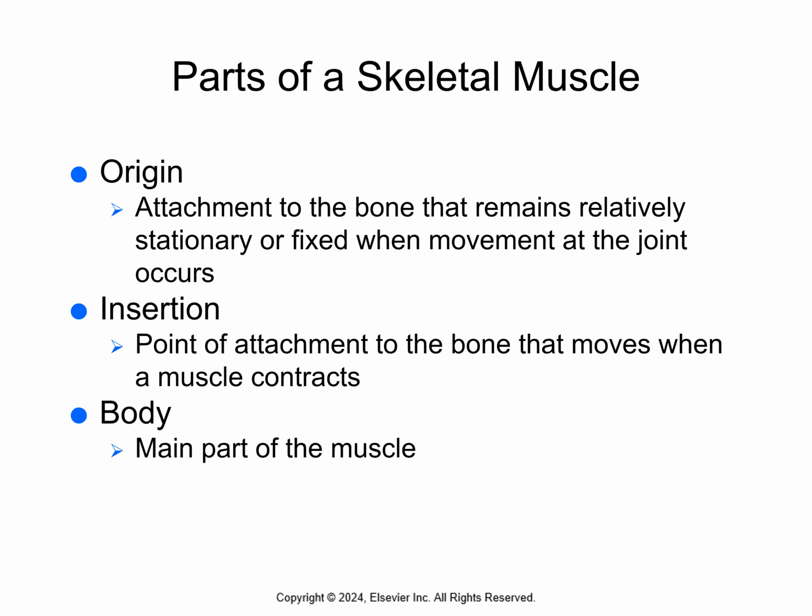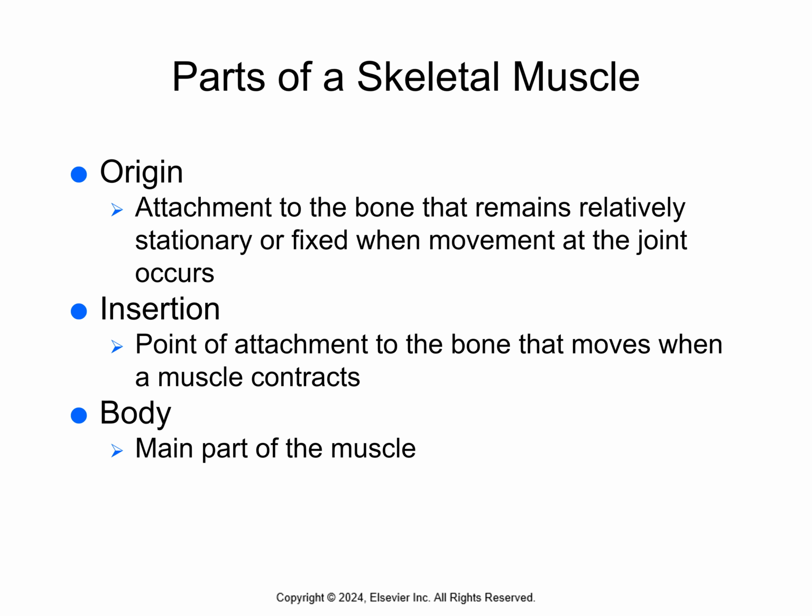So the part that doesn't move is the attachment from one bone to the other. Let's say from my humerus, which is my long arm bone, to my radius, one of the more distal bones, the big long bone that connects to your thumb, there's a muscle that's going to make me do flexion.